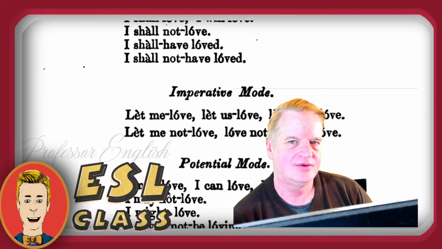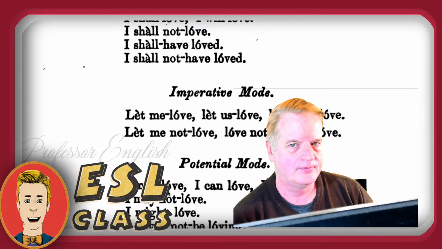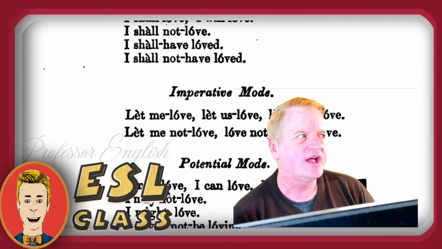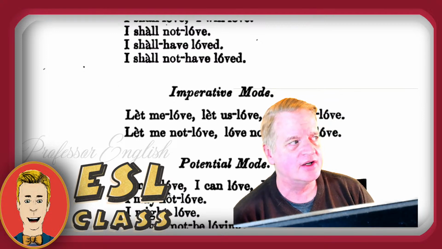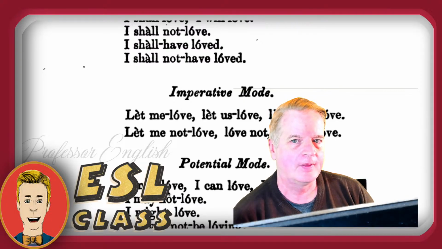What is the next phrase? I shall not love. I shalln't love. No, you can't. If you wanted to make a contraction with shall not, it would be shan't. I shan't love. That's like won't. Will not becomes won't.